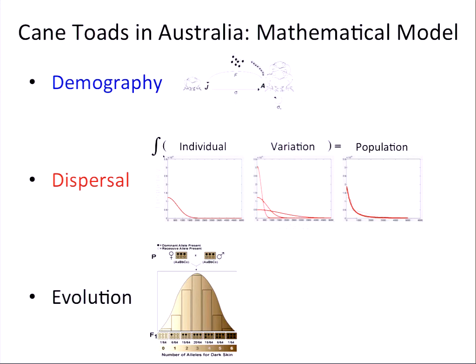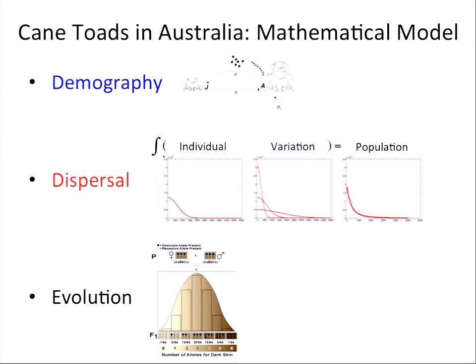And then with dispersal, kind of an interesting thing that we came up with is a way to account for variation in dispersal. Typically, biologists think of there being some dispersal kernel that shows the redistribution of organisms after they've dispersed. And it's typically assumed that all individuals follow the same stochastic process of movement.